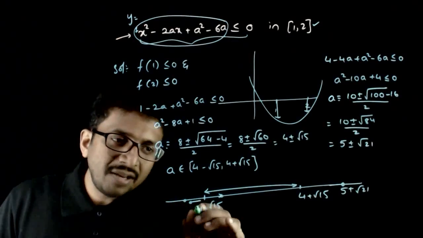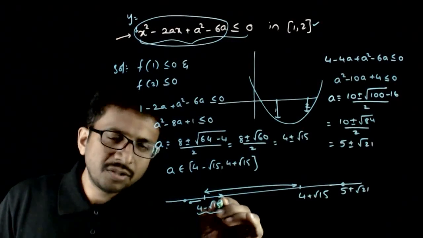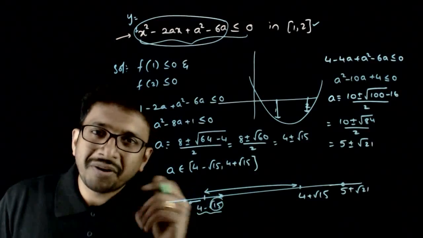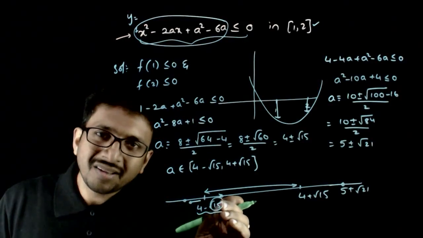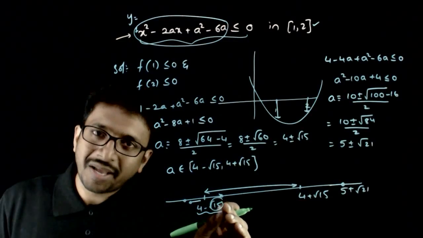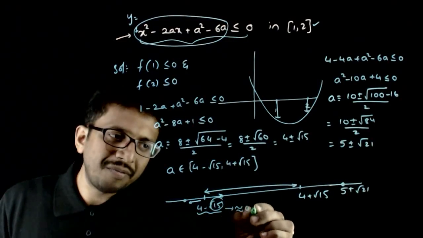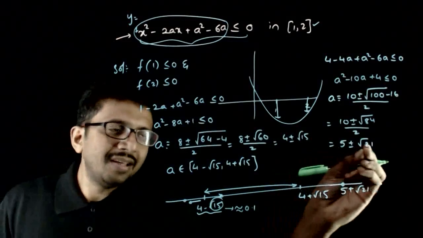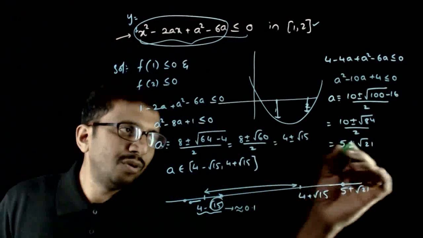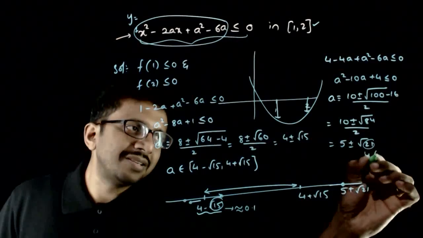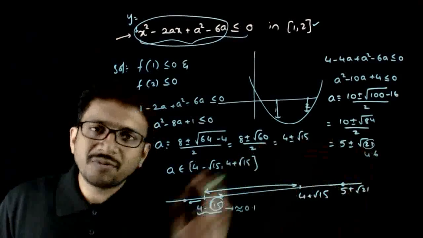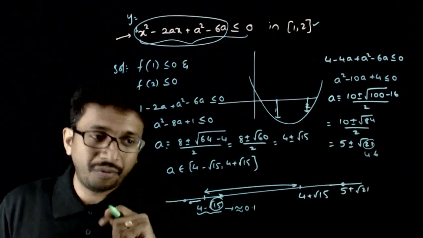Root 15 is somewhere around 3.87, that is, around 3.9. So 4 minus root 15 is around 0.1. And root 21 is around 4.6, so 5 minus 4.6 is around 0.4.